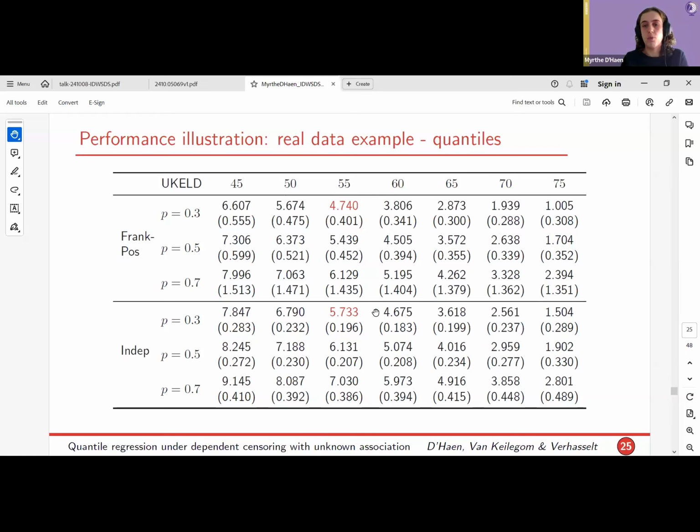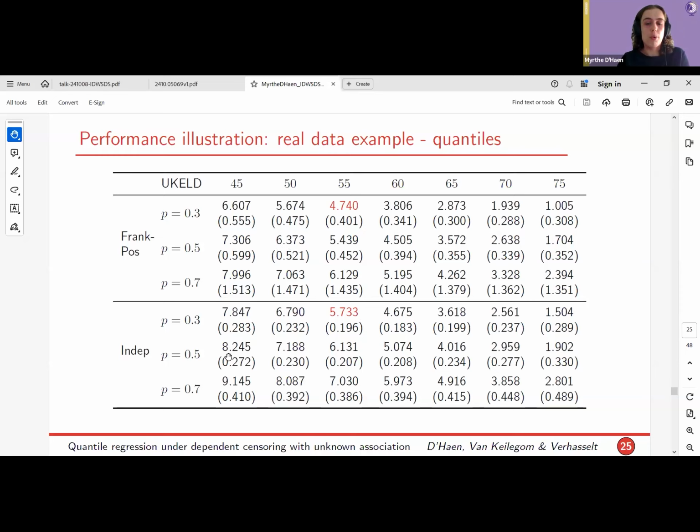So there is a difference of 1 on the log scale, which means that both estimates will differ by a factor, the exponential of 1, in terms of the number of days left. Also in other cases, you can see that the independence model will consistently overestimate the remaining survival time of patients on this list.